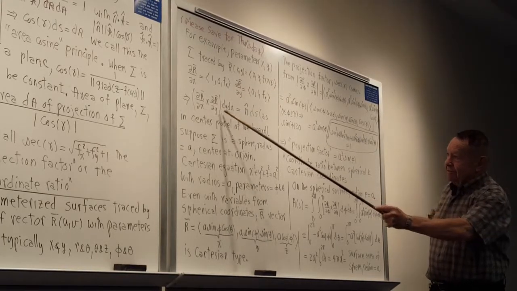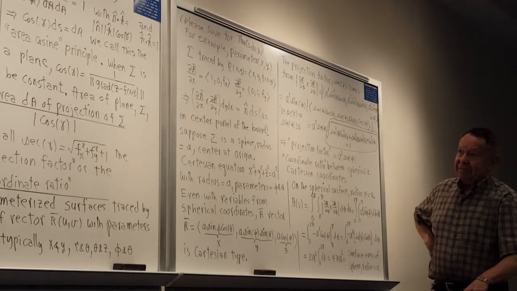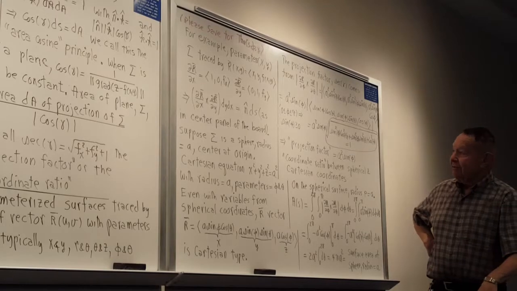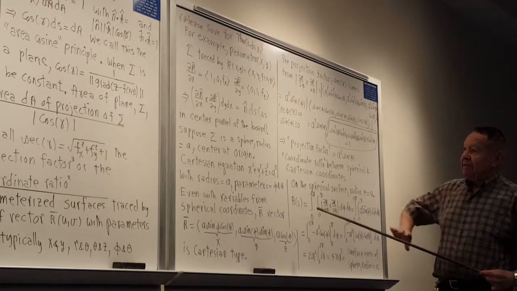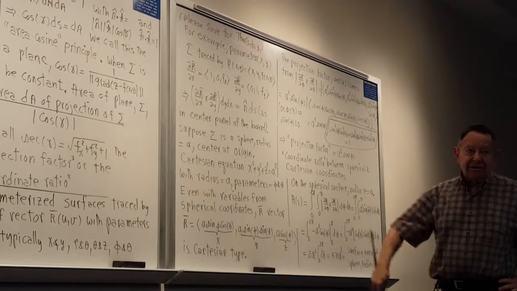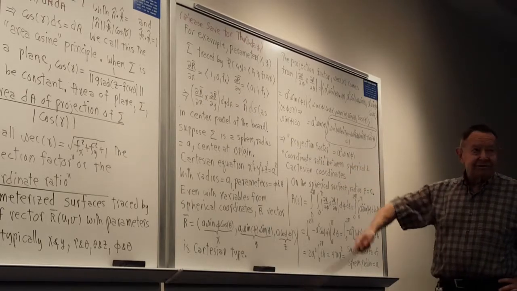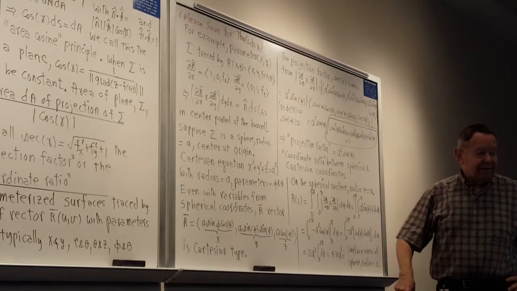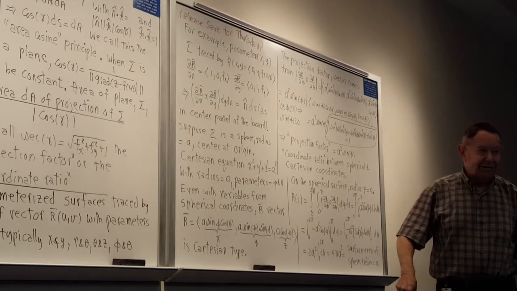So this gives us a vector area of the equivalent of my green tile. And then we have an approach here that we can generalize when the parameters are not x and y, but are two of the cylindrical or two of the spherical coordinates.